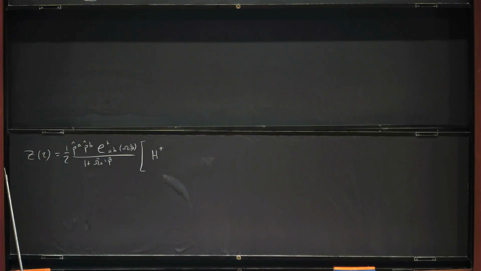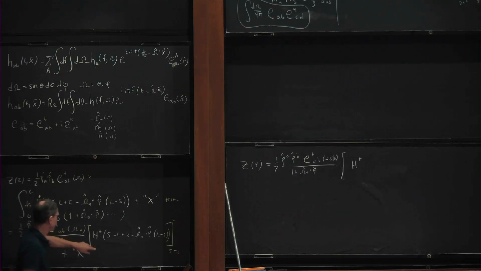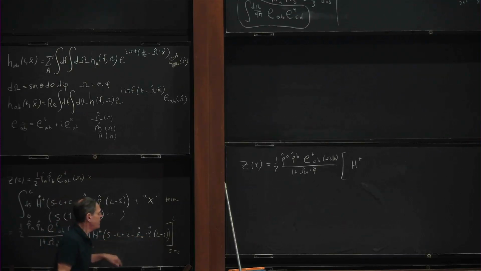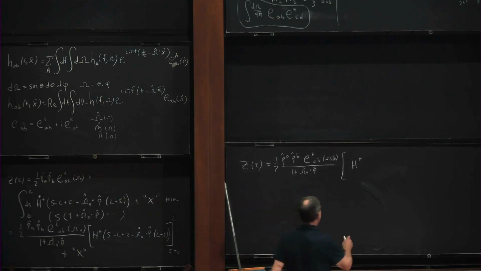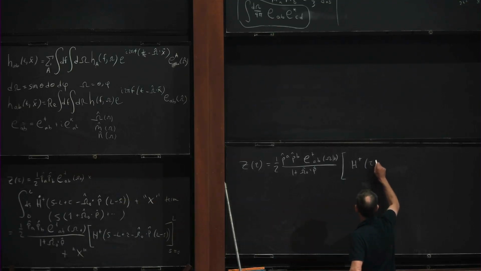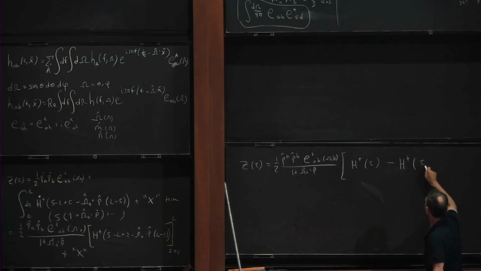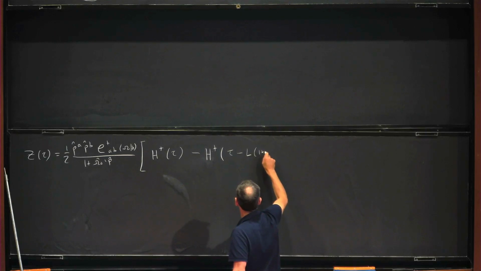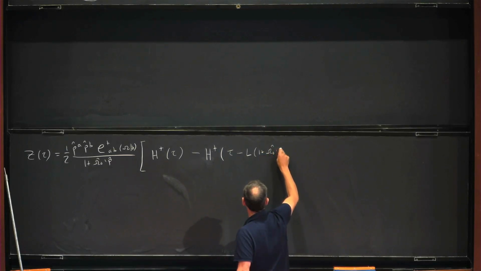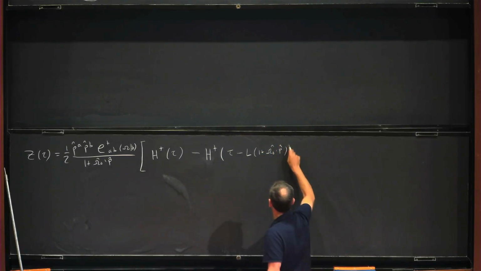At the upper limit, we put s equals L. That cancels, and we just get H plus at time tau. At the lower limit, we get H plus at tau minus L times 1 plus omega 0 hat dot p hat.